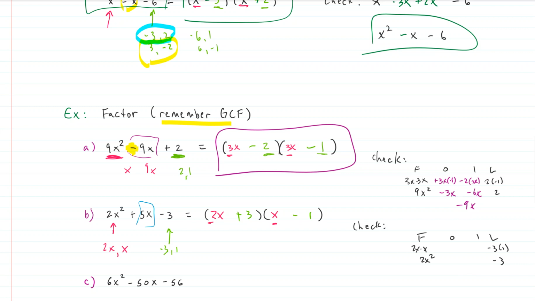Does that help us? The inner and the outer, let's just write them down. The outer is negative 2x. The inner is 3x. And that does not help. That gives us just a positive x.